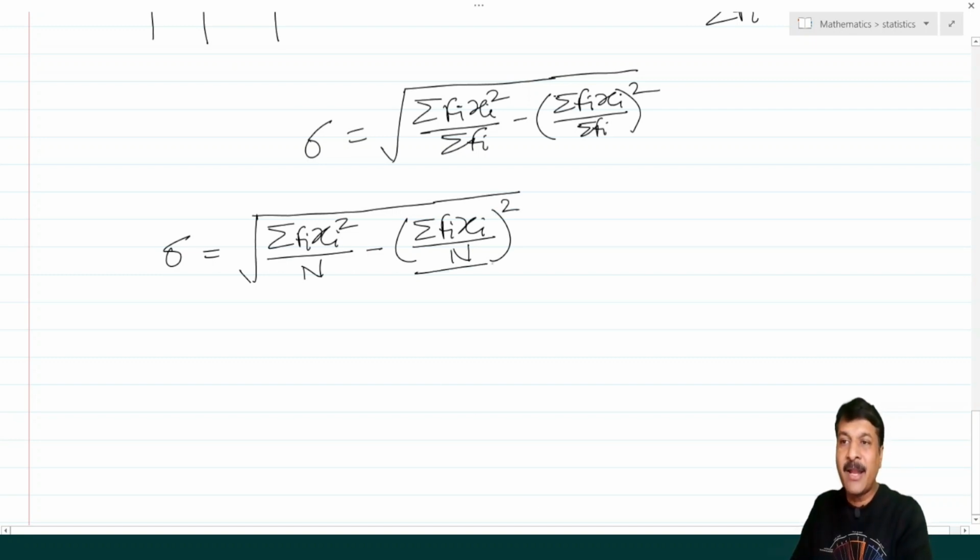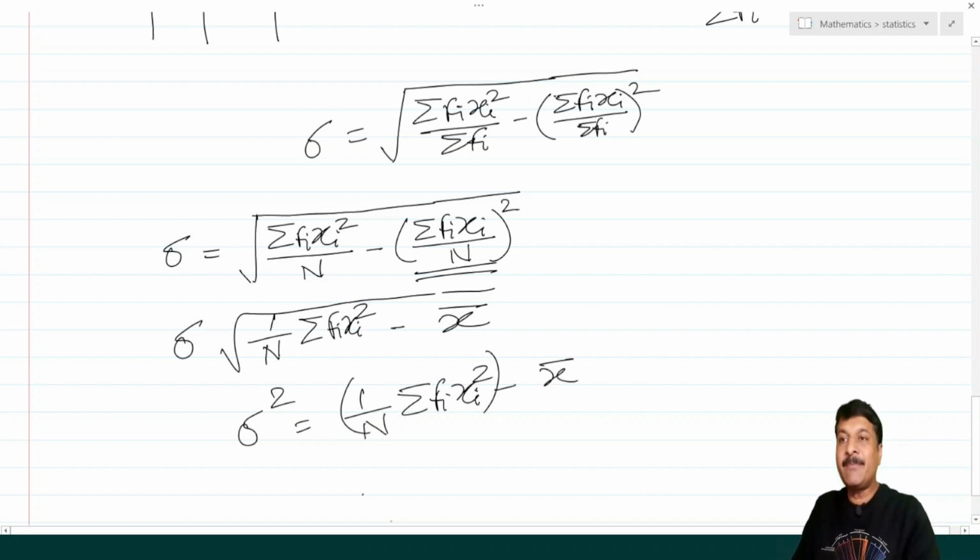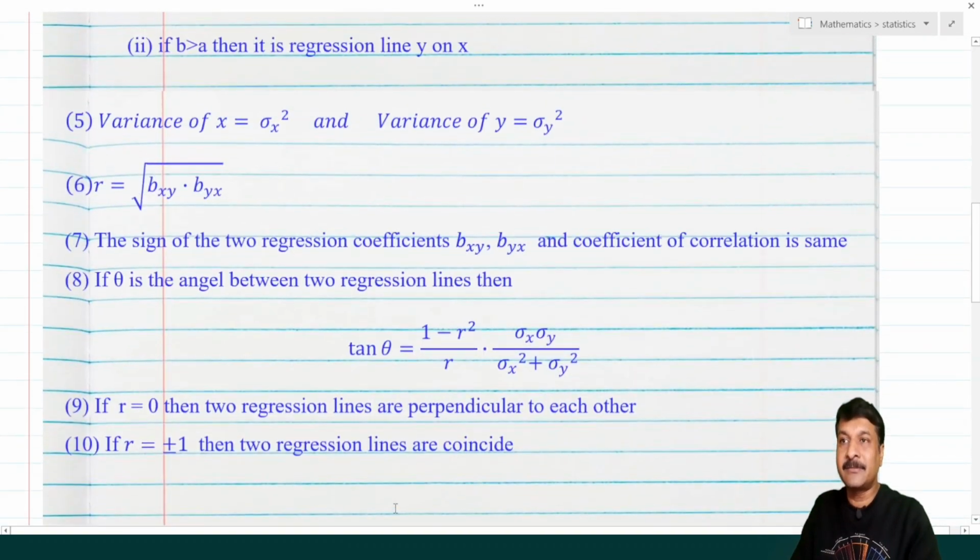And what is this one? It is x bar, and it is nothing but 1 upon n summation of fi xi square, under root. And if we consider square of it, it is 1 by n summation of fi xi square minus x bar square. So same formulas we considered here.